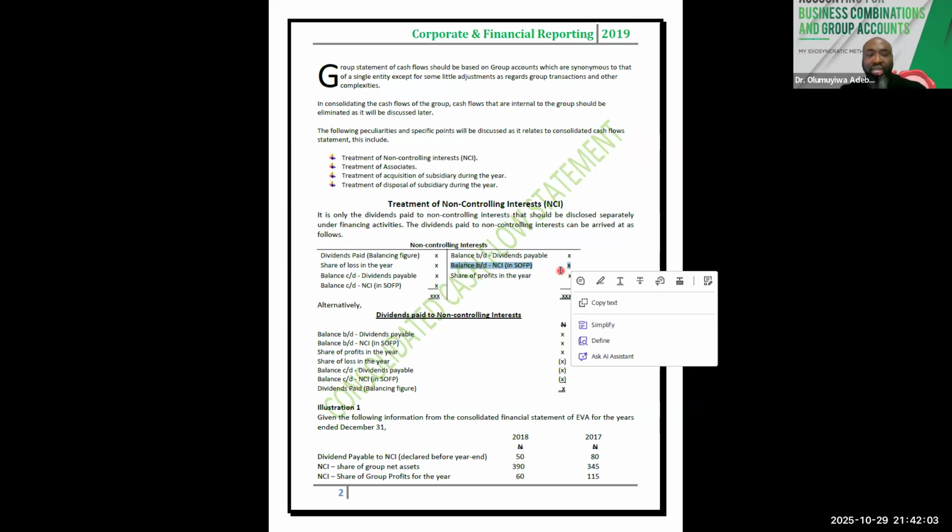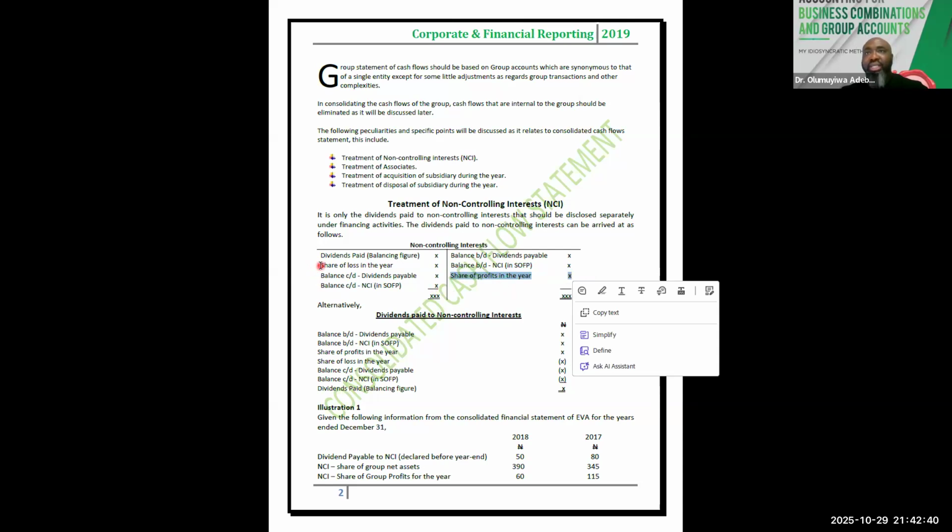Now, if during the year the subsidiary makes profits, when we share profits, the implication is that it's going to increase the equity value of the non-controlling interest. Therefore, we need to credit that account in order to further increase the equity value of the non-controlling interest. But likewise, what if it's a loss?